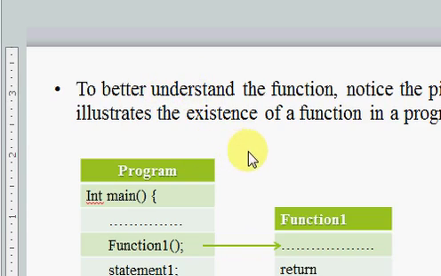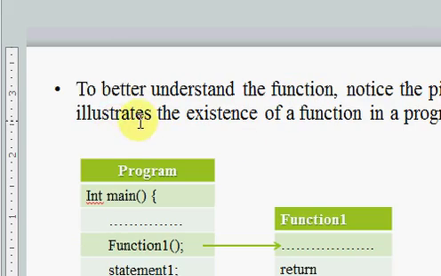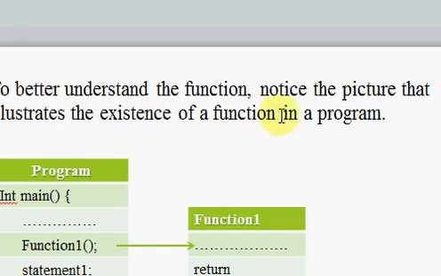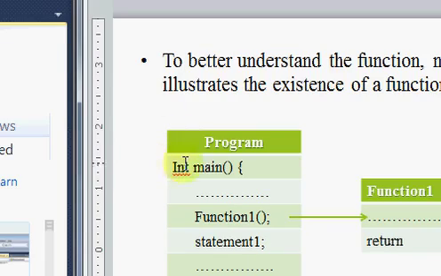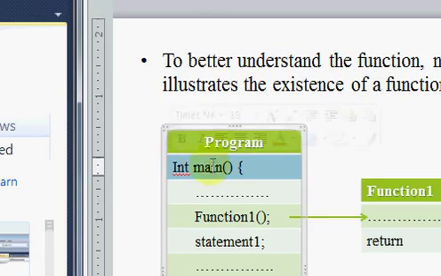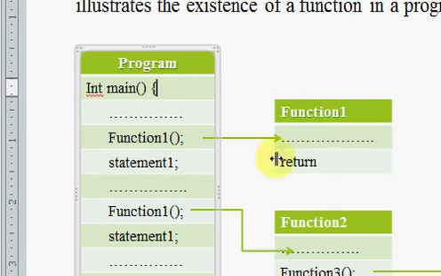To better understand functions, note the picture that illustrates the existence of functions in a program. This is an illustration of functions. We include the main function and we make function 1, and call it to use in the main function.